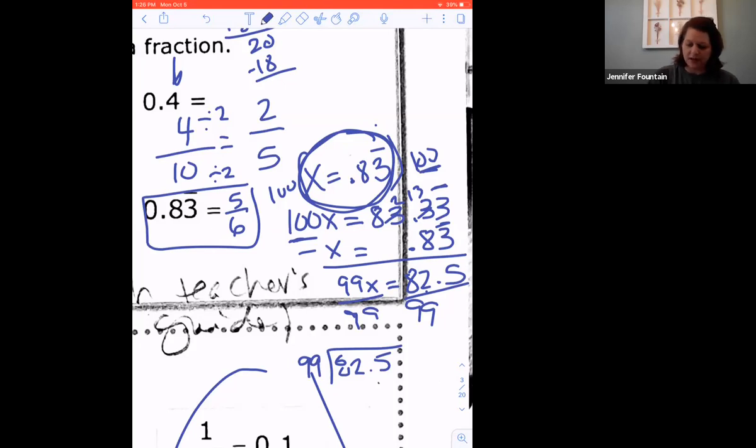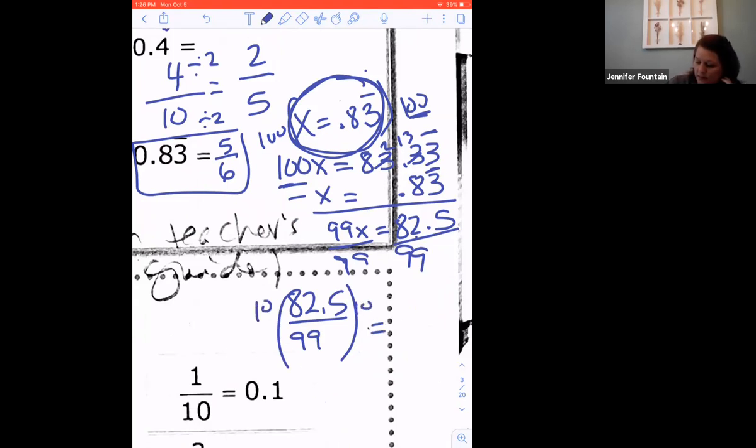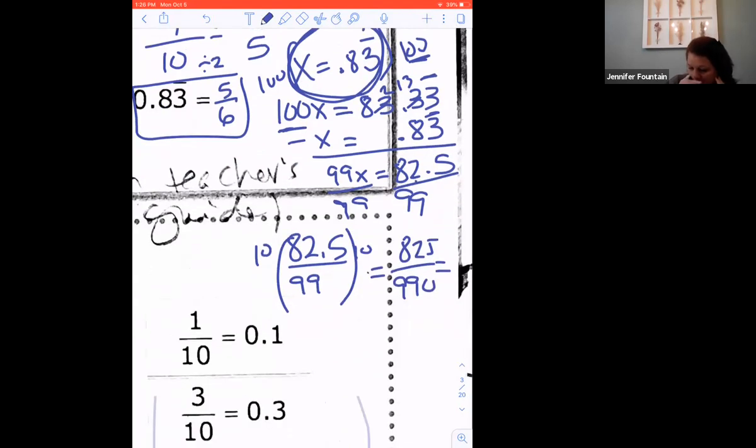The first thing I would have to do, actually I don't put it in as a decimal like that, I would have it as 82.5 over 99 because I'm trying to make it a fraction. I've got to clear that decimal in 82.5, so I've got to multiply my numerator and denominator by 10. 825 over 990. Now I can start reducing. I can divide both of them by 15.